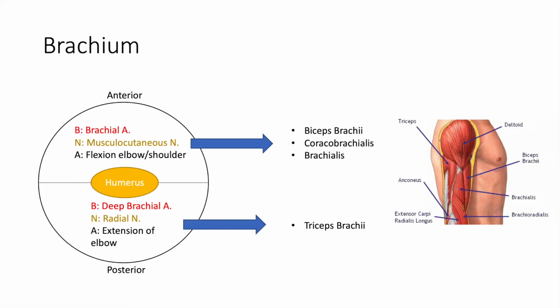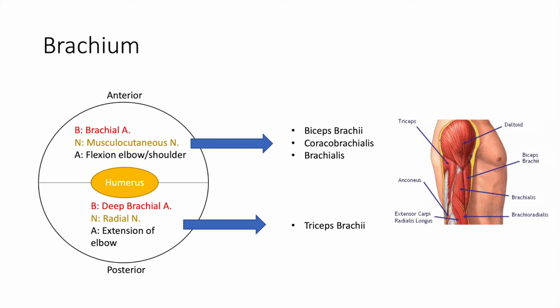Okay, here's my brachium. So the way I like to think about it is I like to compartmentalize things. And so what in the world does that mean? So the muscles of a compartment, they typically will all have the same blood supply, nerve supply, and action.